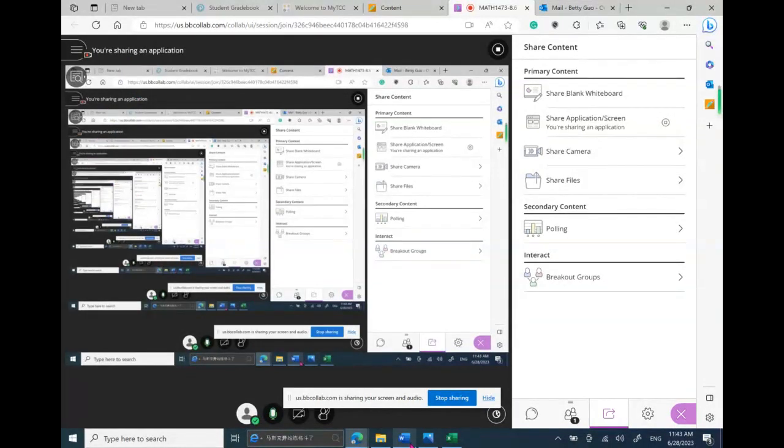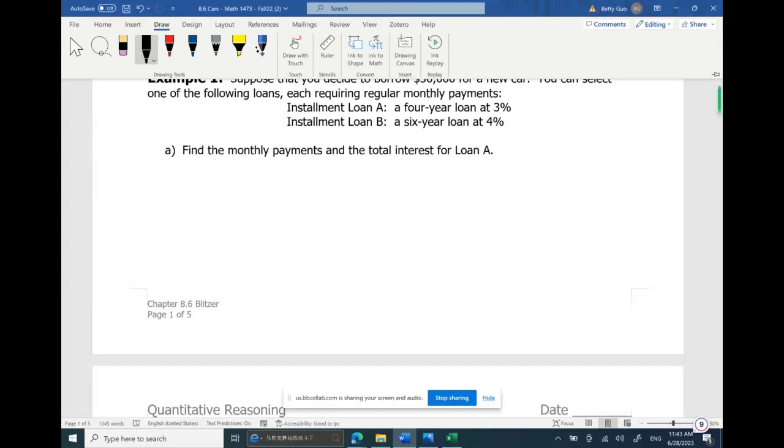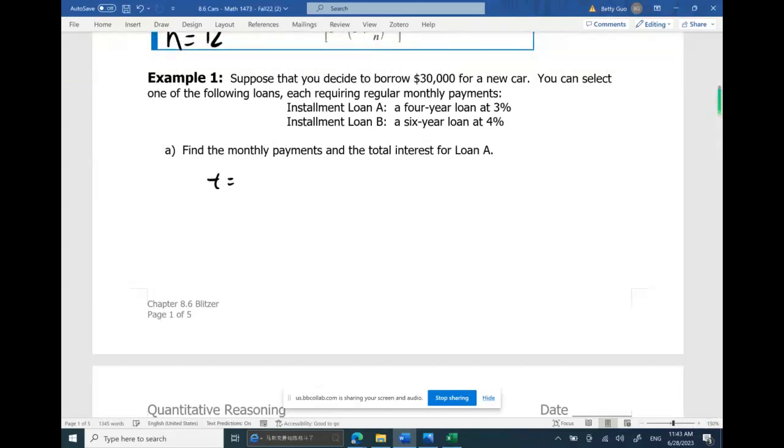Okay, everything looks fine. For the first loan plan, loan A, let me organize the information given: T equals 4, R equals 3%, or 0.03 as a decimal, and the loan amount P is 30 grand.